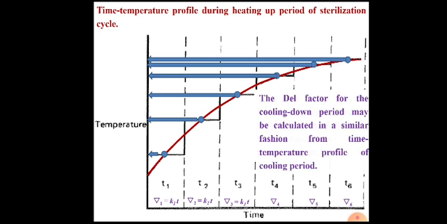Using a similar graph for the cooling down period, we can calculate the Del factor for the cooling down period using the same approach and the same time temperature profile. So it will be called Del cooling. Now we have Del heating and Del cooling.